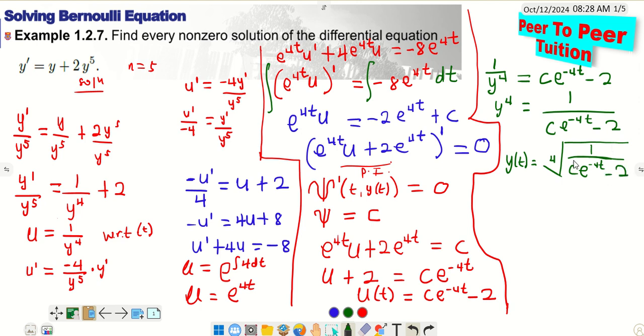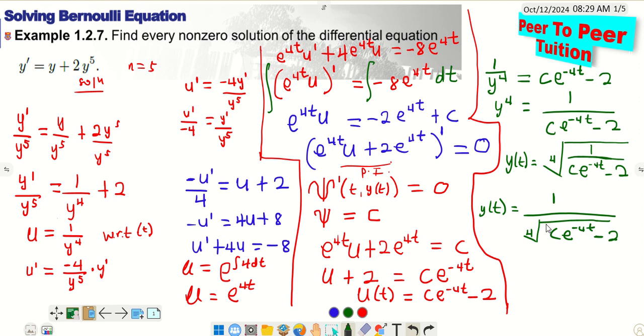But the fourth root of 1 is still 1. So we have y of t equal to 1 all over the fourth root of c e^(negative 4t) minus 2.